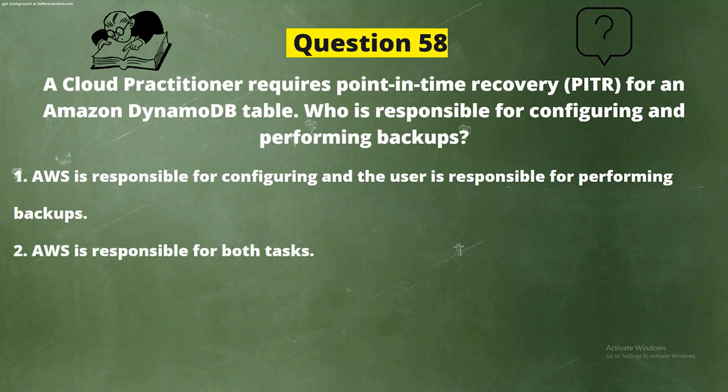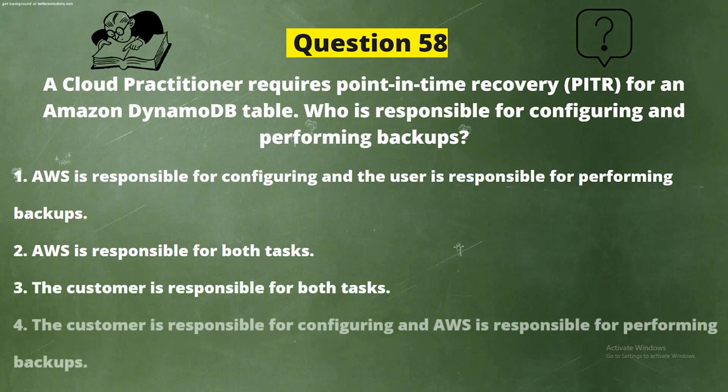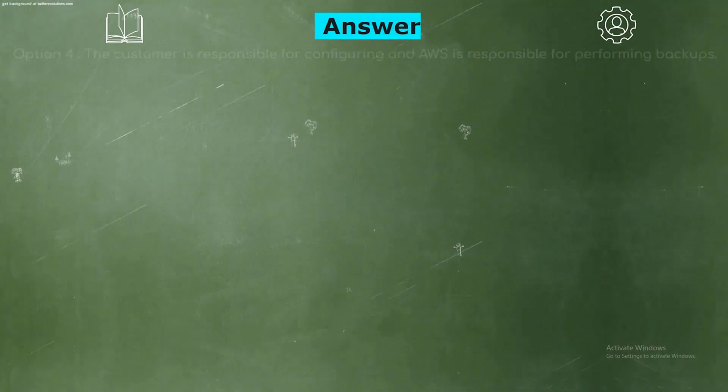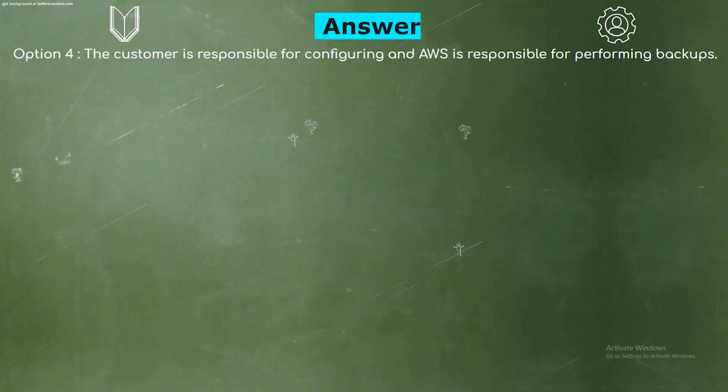AWS is responsible for both tasks. Option 3. The customer is responsible for both tasks. Option 4. The customer is responsible for configuring and AWS is responsible for performing backups. And the correct answer is option 4. The customer is responsible for configuring and AWS is responsible for performing backups.